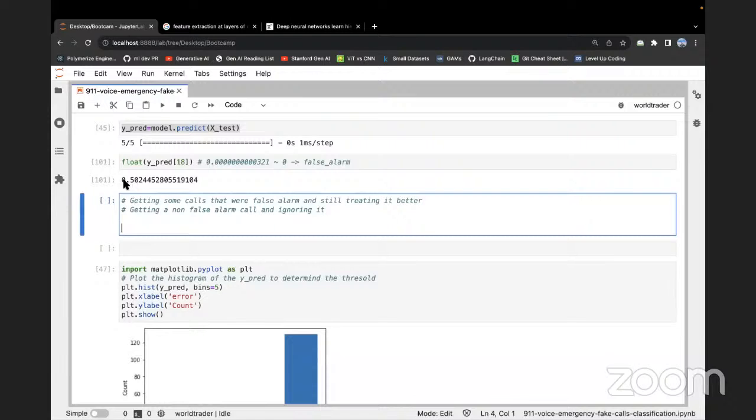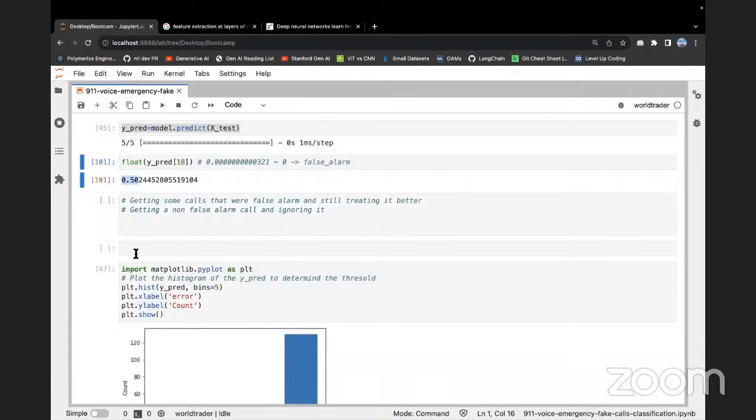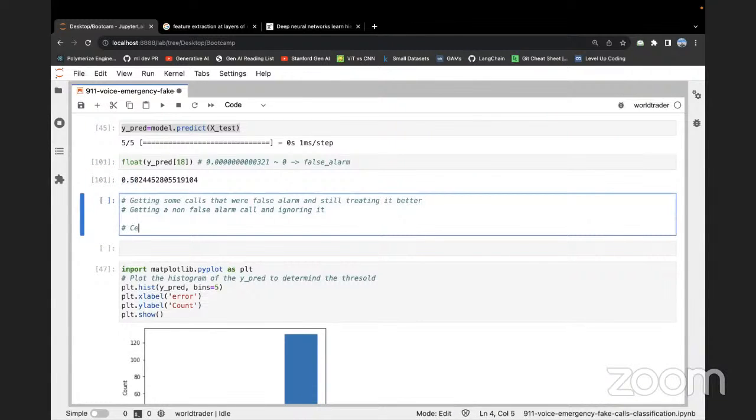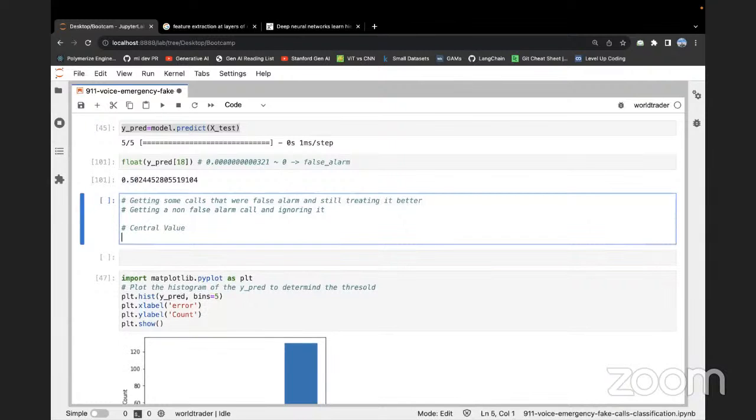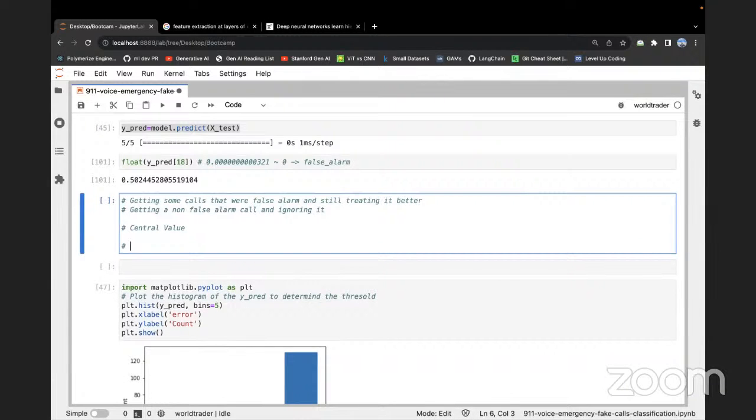So I will not consider 0.5 to be the central value. If I want to be extra sure, I will have a much higher threshold. I will consider a larger threshold to consider something as false alarm. If I'm predicting some call as false alarm, I want to be extra sure and not make a blunder.